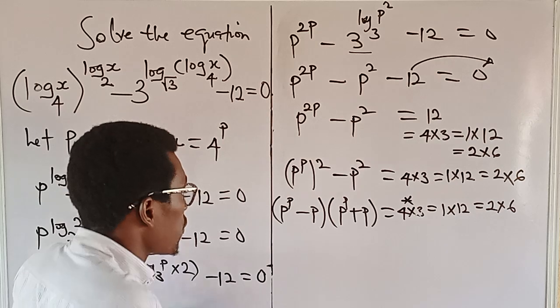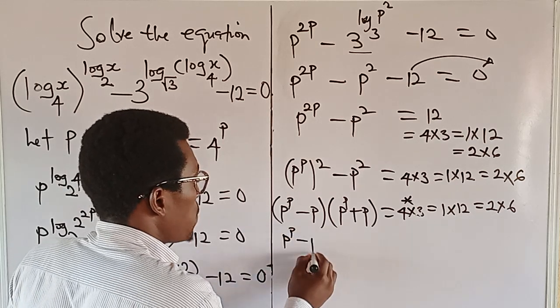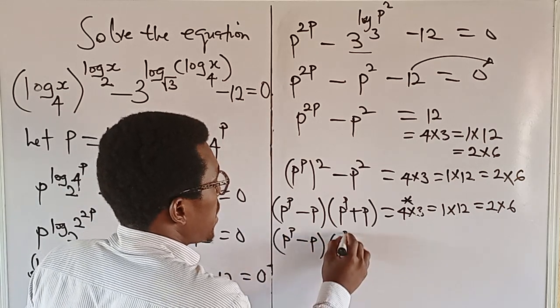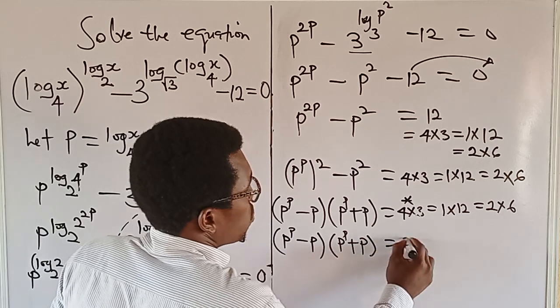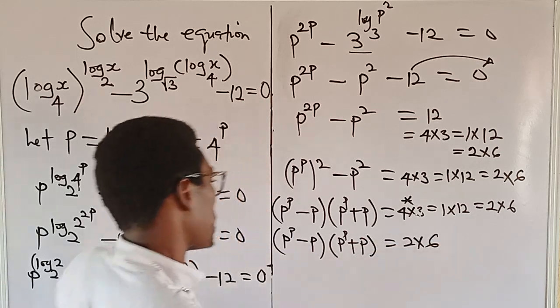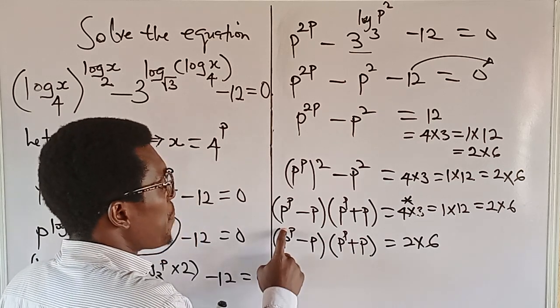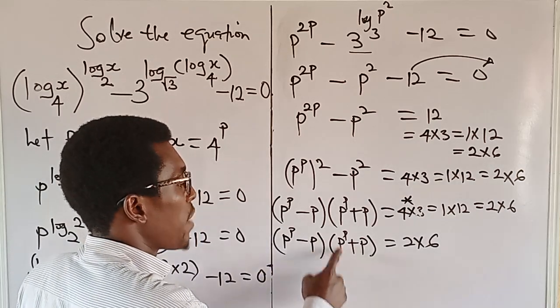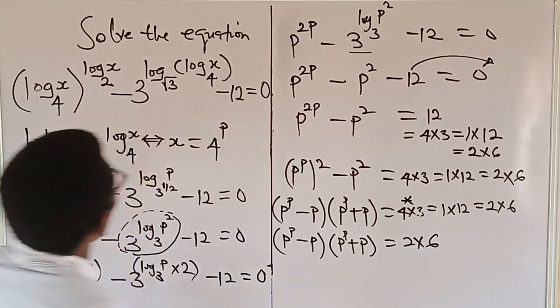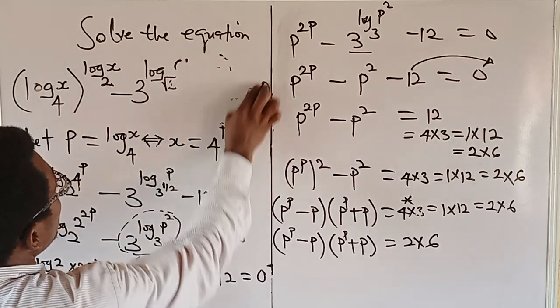So in this case, we now have P to the power P minus P multiplied by P to the power P plus P equals 2 times 6. So it's very simple. Now, P to the power P minus P is less than P to the power P plus P. Let me remove this out of the board first.